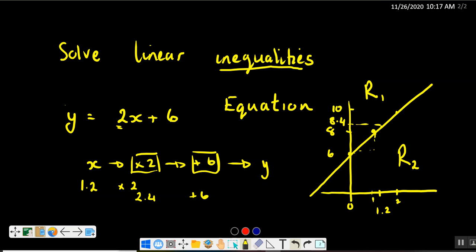Take a moment to think. Okay, Liam? Is it 2 times R1 plus 6 is R2? Nope. Cameron? Anything above a value of 2x plus 6.